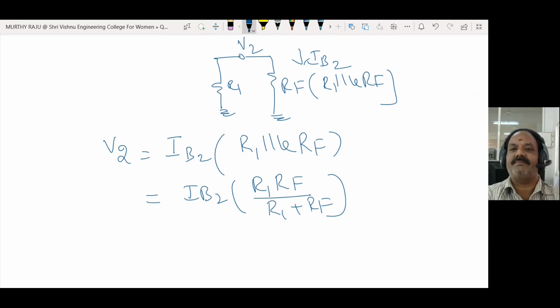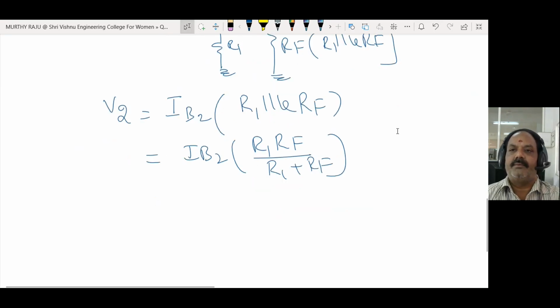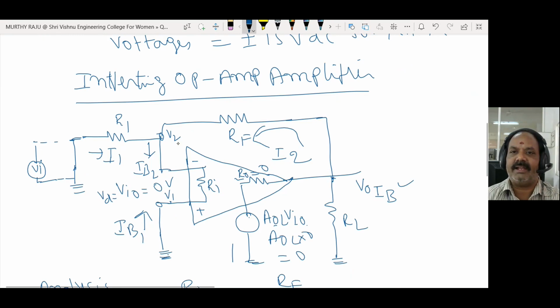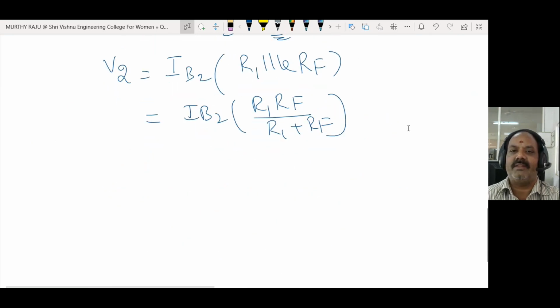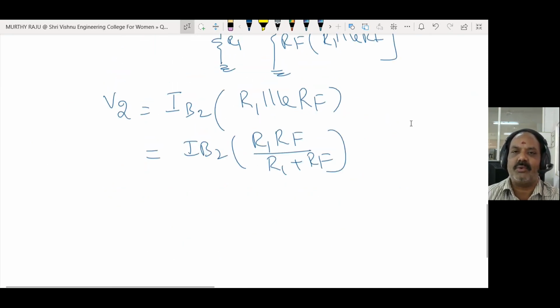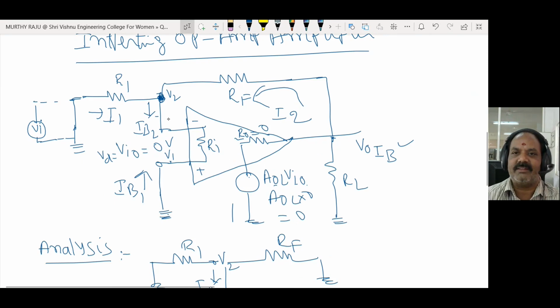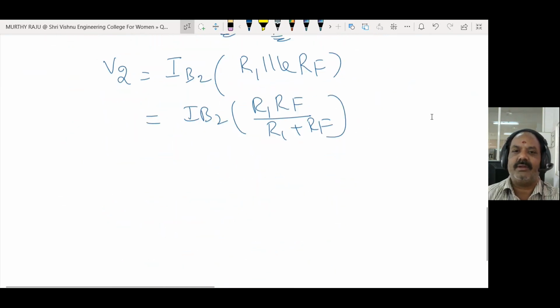Next, apply KCL to this node A. I2 is the current entering the node, and I1 is also current entering the node. IB2 is the current leaving the node.